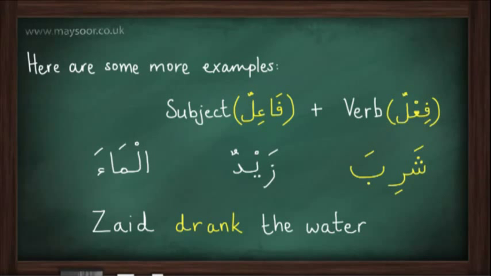In this example, the fi'l, the verb shariba, means he drank. But when we insert the verb shariba into this sentence, we delete the pronoun he in translation. The word Zaid is marfu', ending in the dhamma. He is the subject, the fa'il.